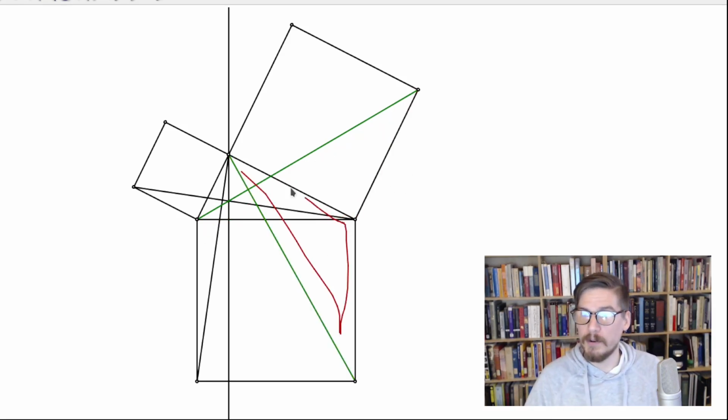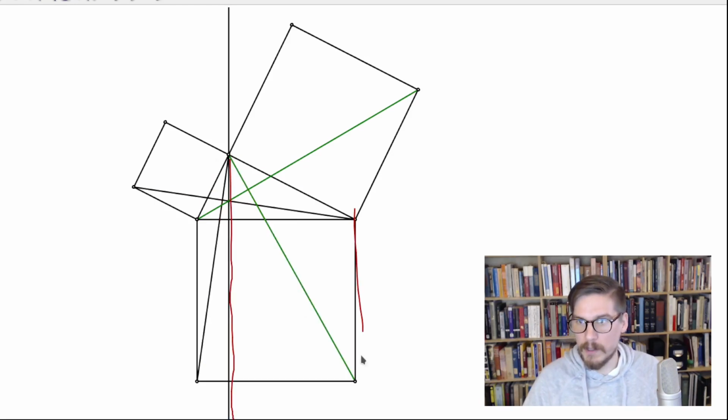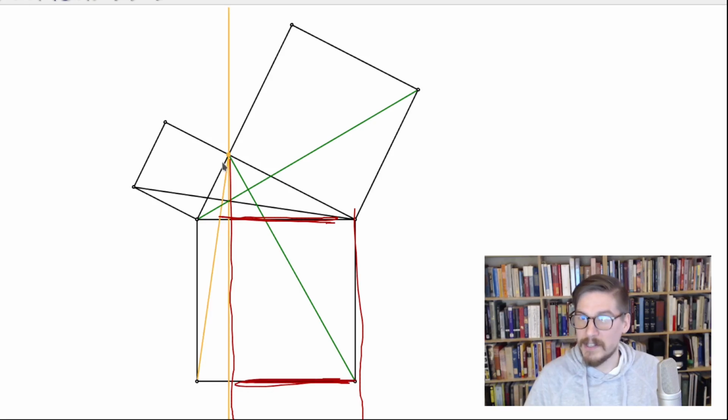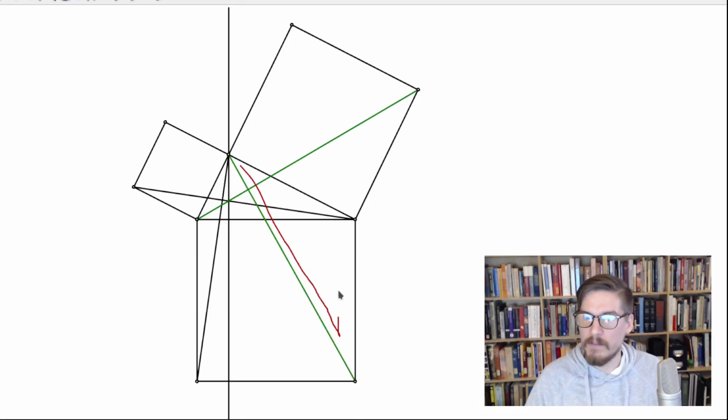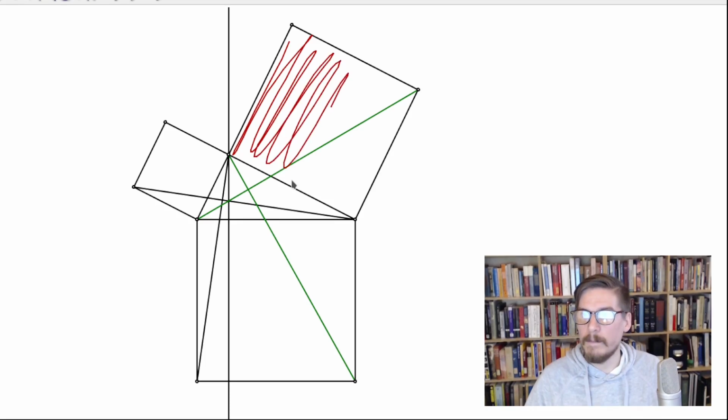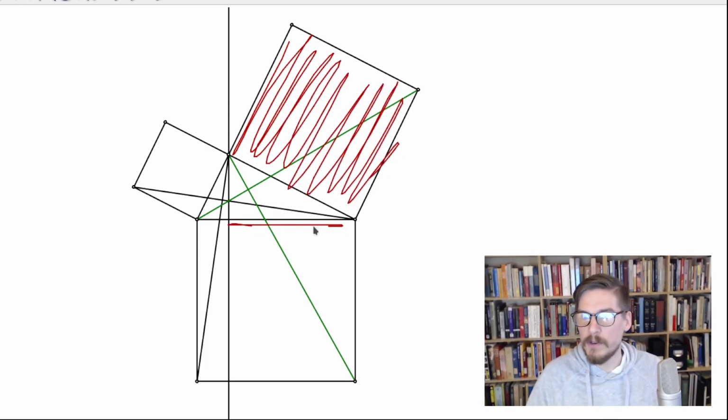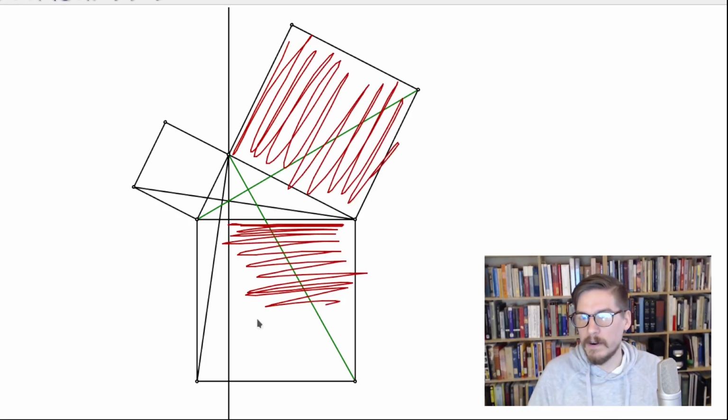Oh, but the triangles are congruent. Okay. And look, lo and behold, we have another parallelogram right here in the same parallels as this other triangle, right? So this parallelogram right here is double the area of this triangle, which means, of course, that this area must be equal to this area here.